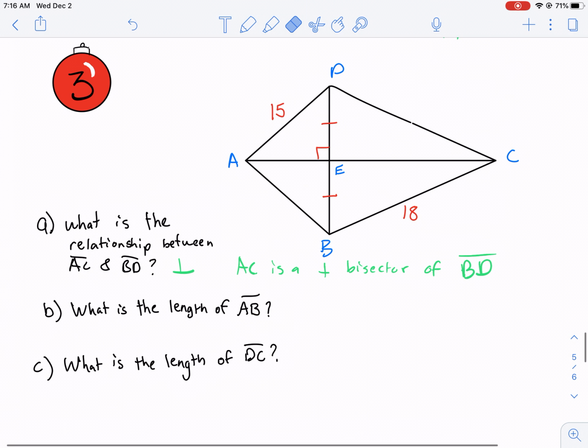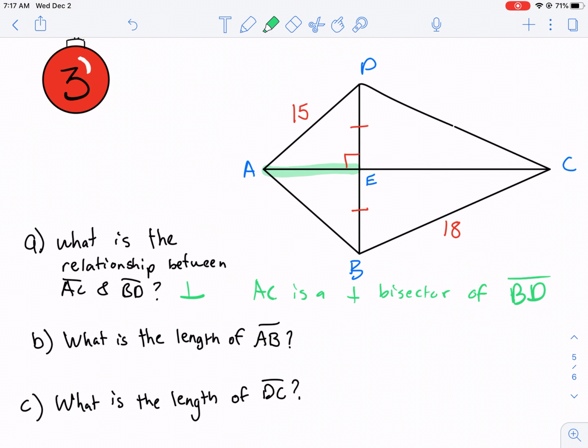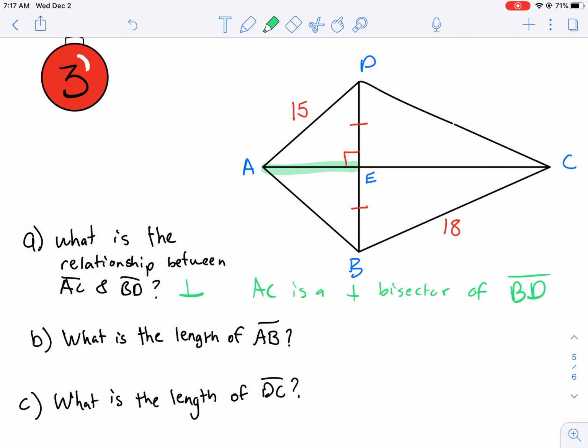What is the length of AB? Okay, AB. So we want to know, where is it? AB is this length right here. Oh, okay, so actually this is a little bit tougher. Cool, so we have here that, no, that's not AB. Oh my goodness, that's A. I was like, oh, we don't have enough information.